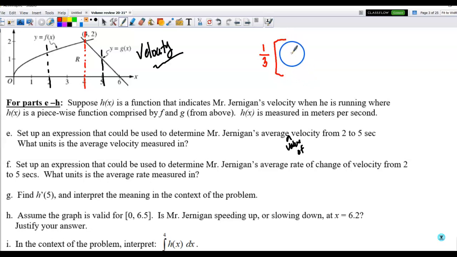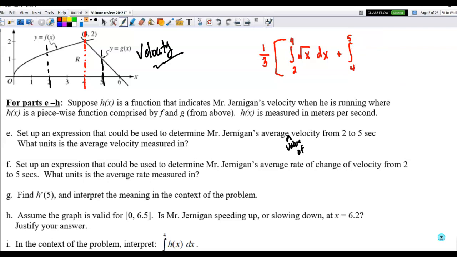So I'm going to accumulate now from 2 to 4, because that's the breaking value, and we're going to do the area under the square root of x dx. That takes care of the first region. Then we're going to add the integral from 4 to 5 under, I forgot what the equation was.